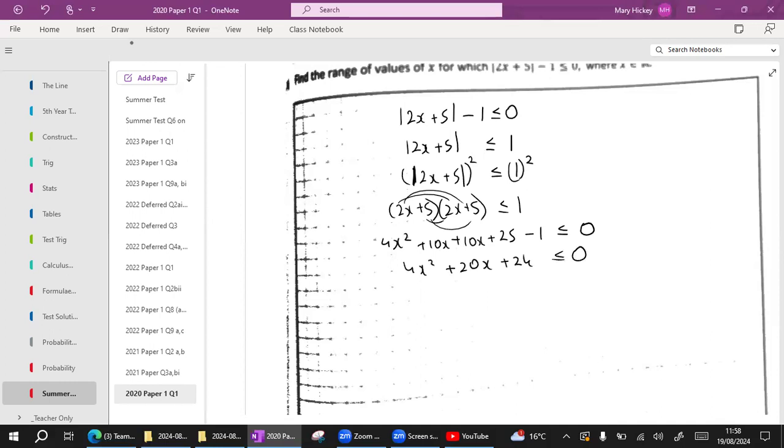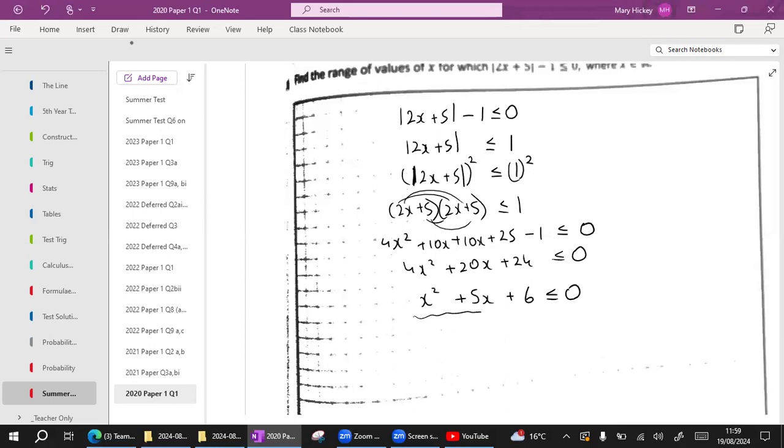Now, it might be helpful here to divide the whole thing by 4. It just means we're not looking at numbers that are too big. And of course, if it's positive, we can divide by any number, as long as it's positive and it doesn't affect the direction of the inequality symbol. Now, at this point, it's always good to imagine our graph.